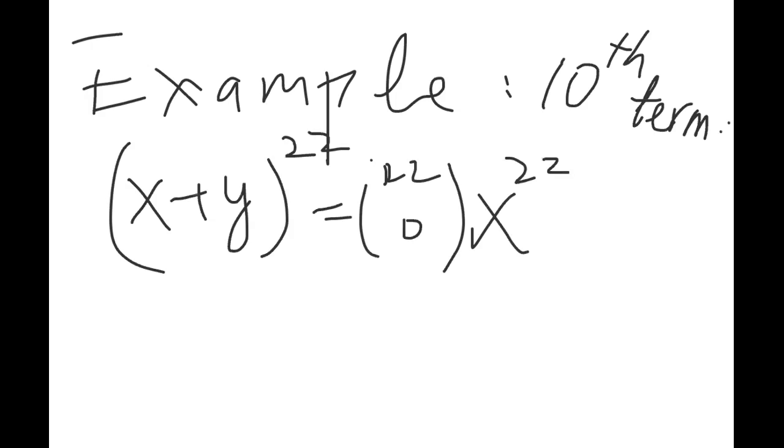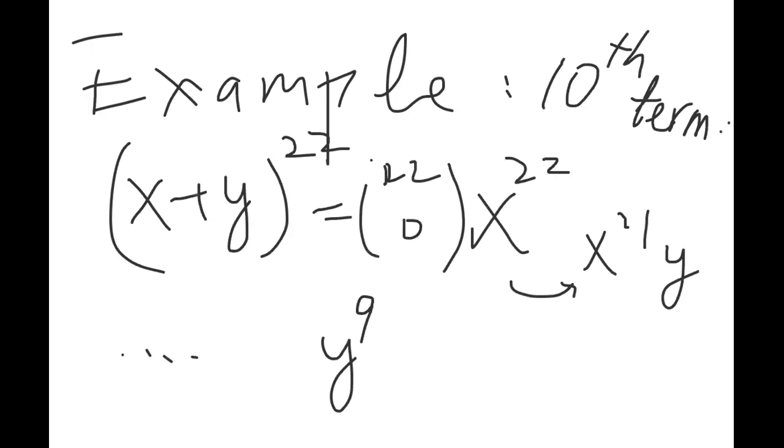And then the next term, you have 1 less power of x, but 1 more power of y. So that means in the 10th term, you should have 9 powers of y and 22 minus 9 powers of x.